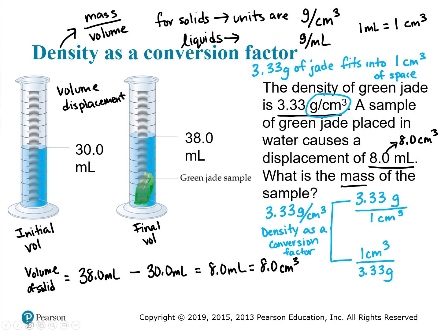So I can take the 3.33 grams and the 1 centimeter cubed and make a conversion factor. Does that help a little bit more to write out what it really means?